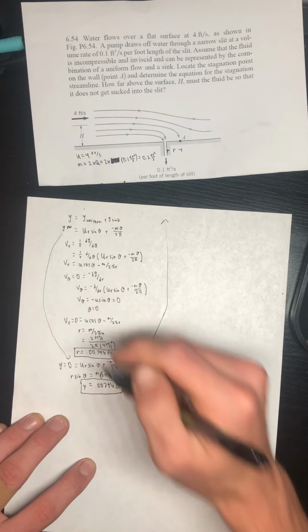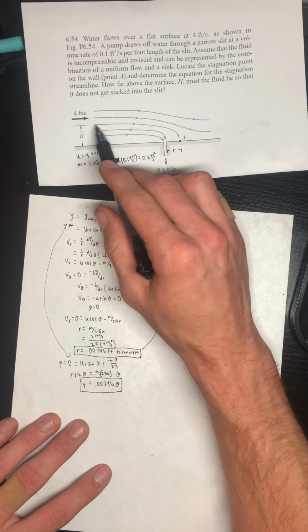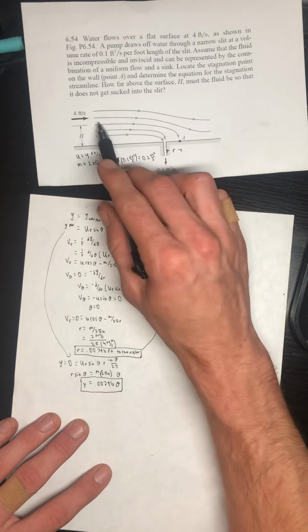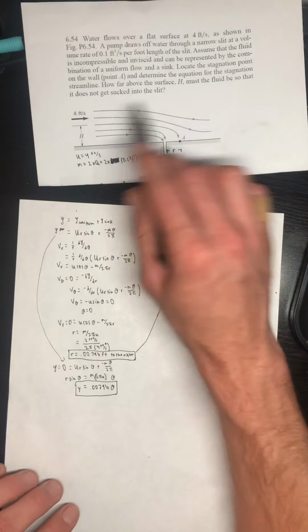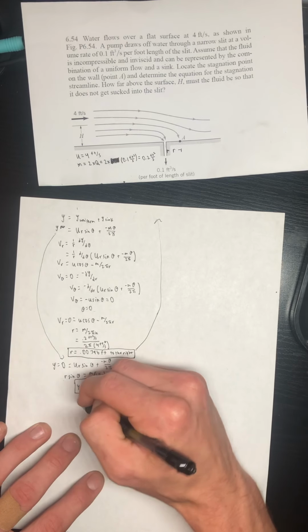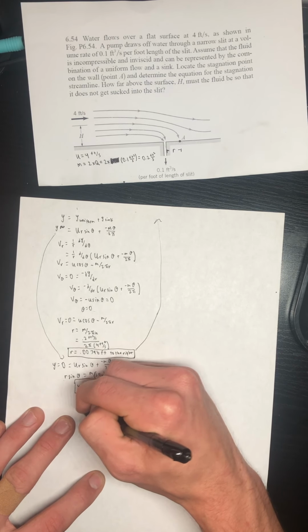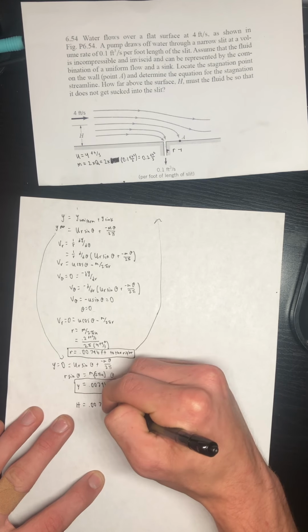So now we want to find out what that h value is, because anything above that stagnation streamline is going to be free of this sink and will be able to continue on over this flat surface. So we'll make the change, y for h, and that's equal to 0.00796 theta.